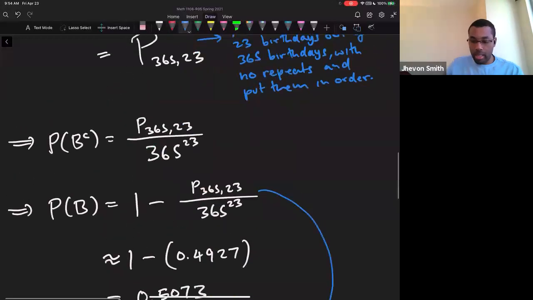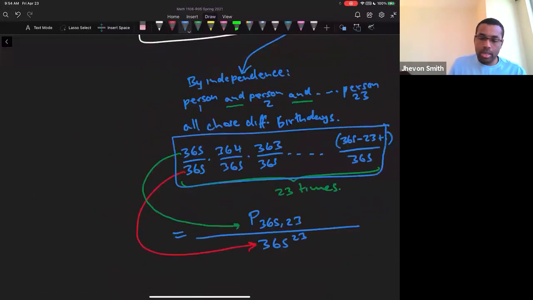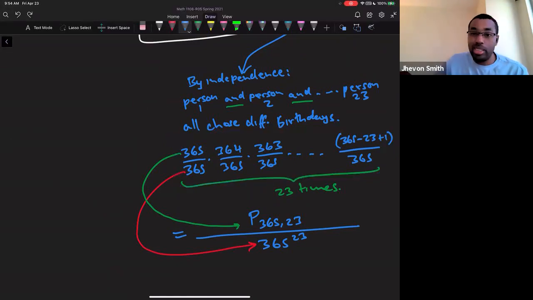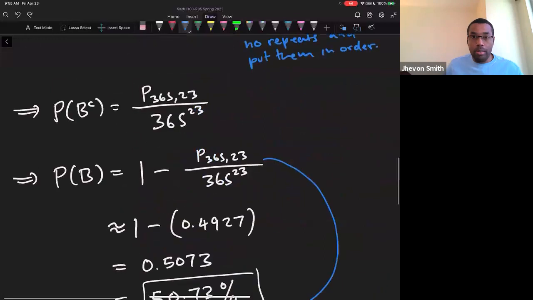So that makes sense. Even if you were to write it out like this in terms of independence and just say, oh, one person can choose any of the 365 days, the next person can now only choose 364 days, and the next person can only choose out of 363 days, and so on, and you go all the way down 23 times, you really end up with P of 365, 23, comma 23. So yeah, you end up with that.